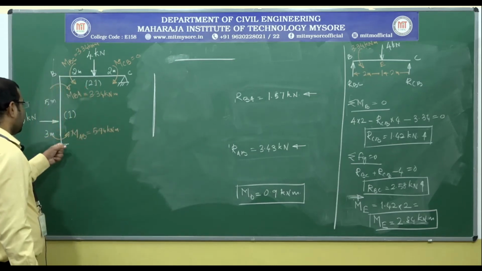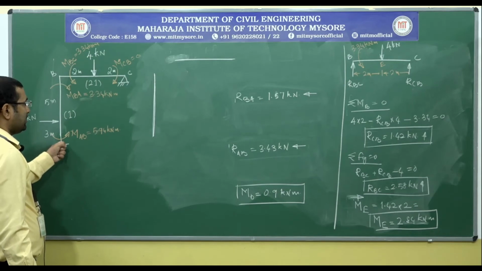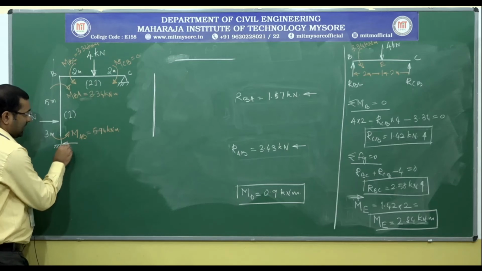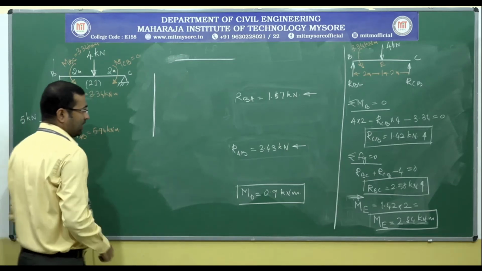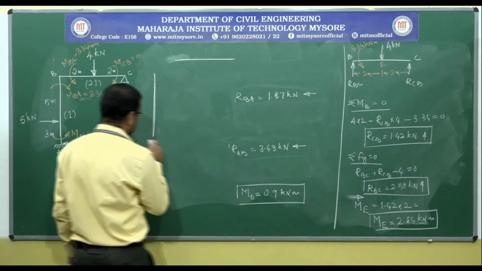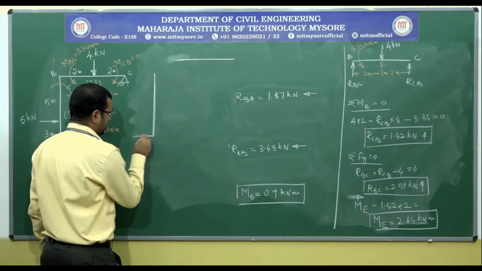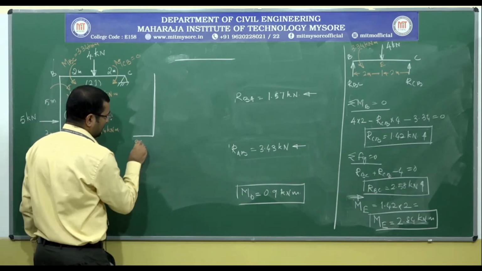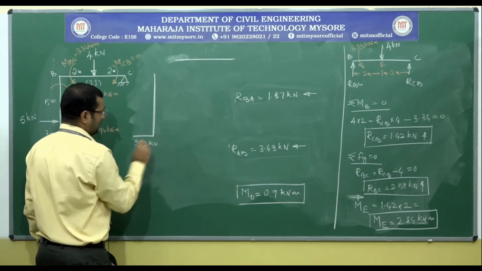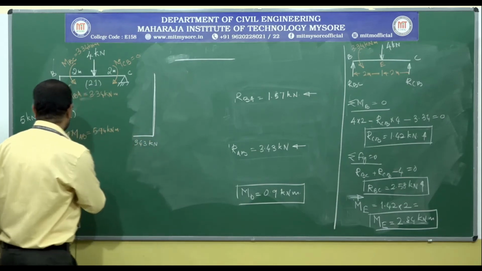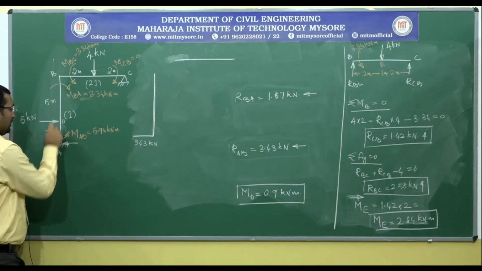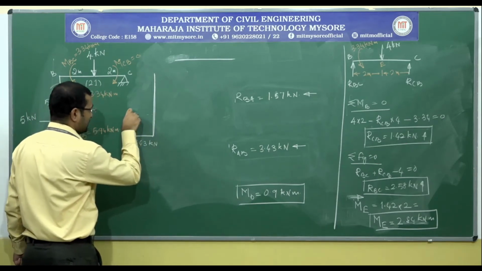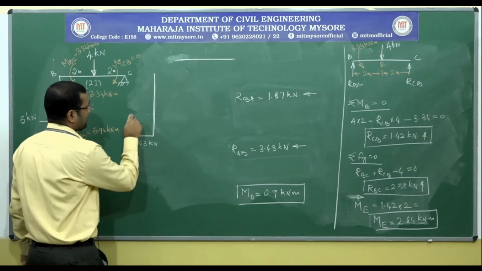Now, see here, for member AB, at this point we have a support reaction, that is RAB. RAB is 3.43, so it is moving in the negative direction. So, it is 3.43 kilonewtons. After that, till D point we do not have any load, so let me maintain a constant variation.